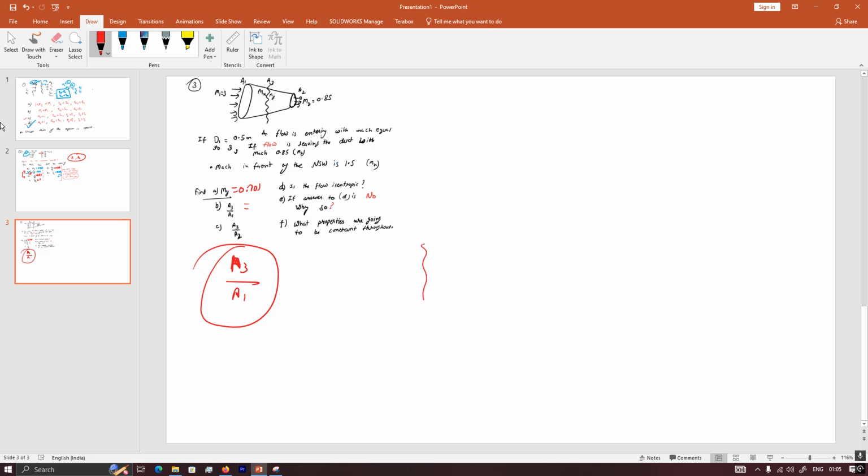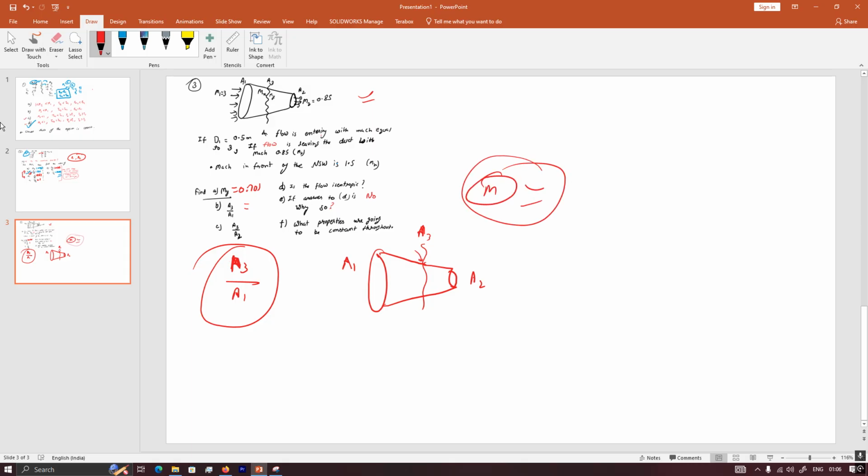So A3 is a point where your normal shock is at. This is your A3, this is your A1, and this is your A2. That is what is mentioned here. Now you might be confused which Mach to use to calculate A3 by A1, because we have two Machs at this point, one upstream of the normal shockwave, one downstream of the normal shockwave.